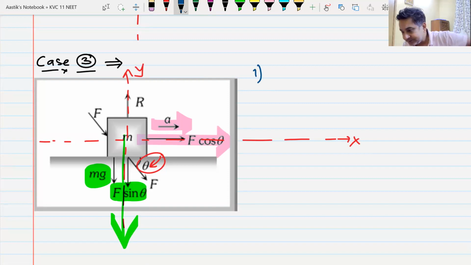Can anyone tell me the equation along y-axis?